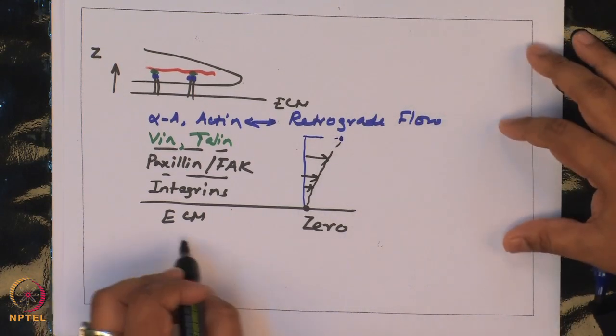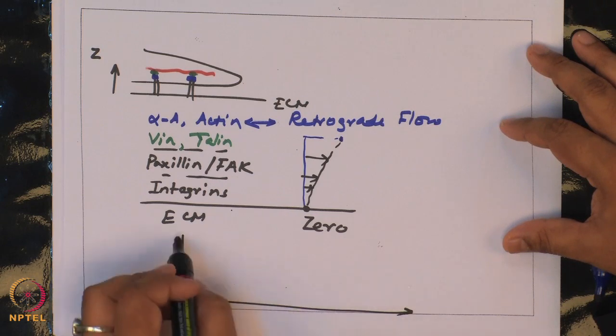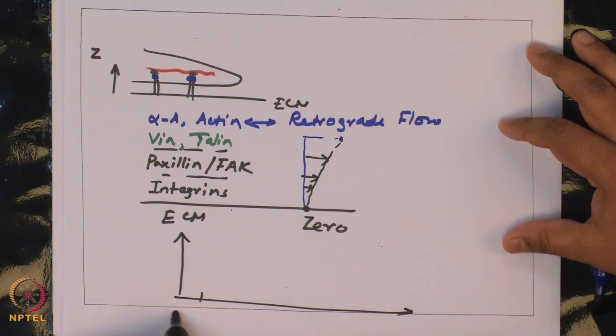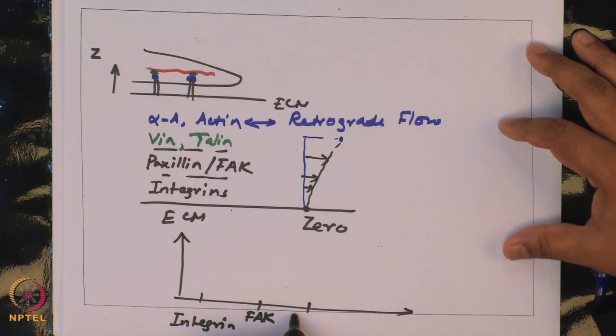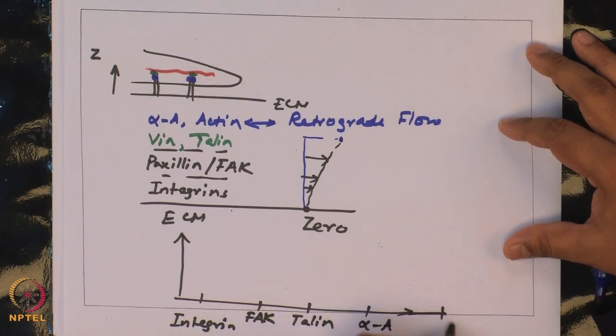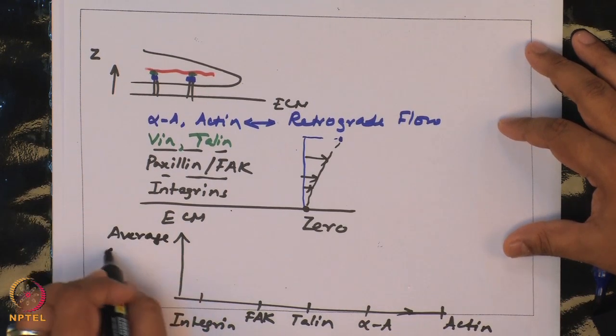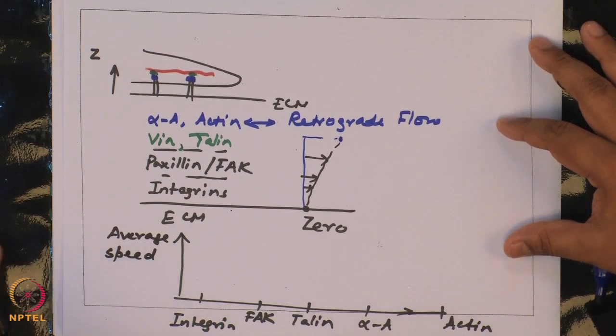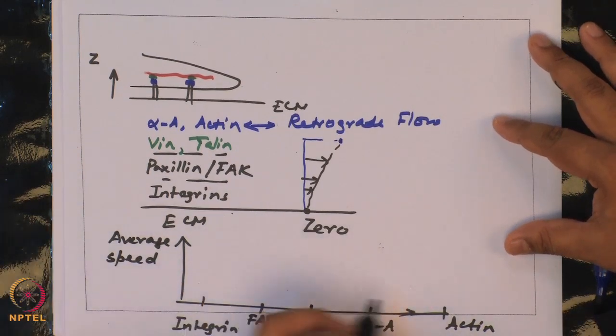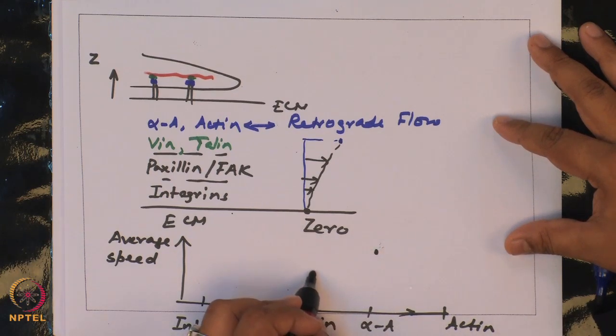If you track the motion of different proteins at focal adhesions, you have integrin, FAK/paxillin, talin, alpha actinin and actin. If you track the average speed of these molecules, what you find is this one has the highest speed and then you have reducing speed.